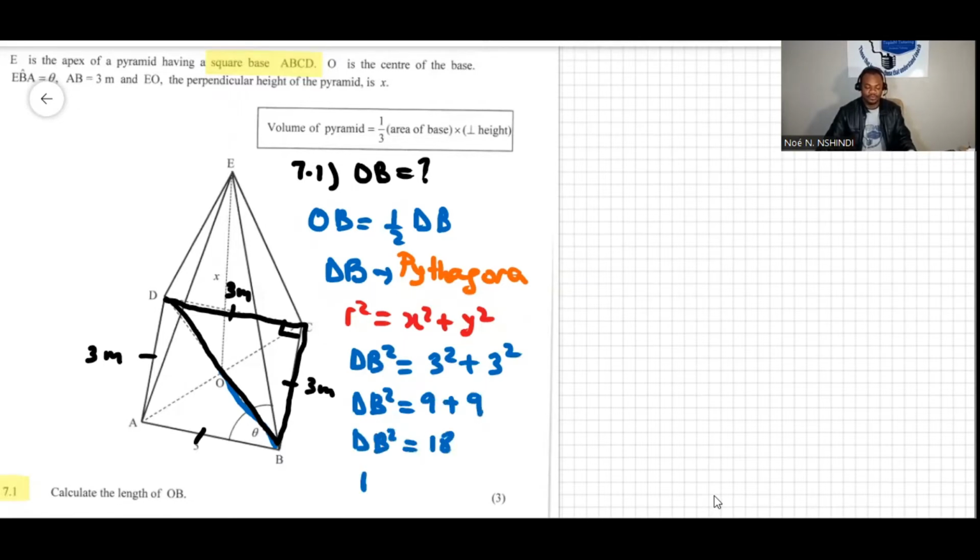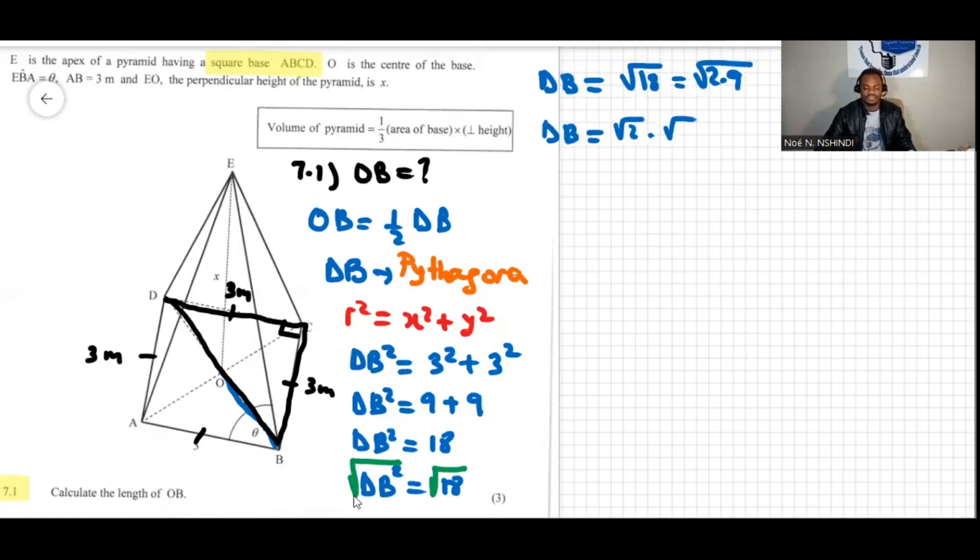Now we can find the value of DB if we square root both sides. Then DB will be equal to square root of 18. Square root of 18 is like square root of 2 times 9, so DB will be equal to square root of 2 times square root of 9, which is 3.